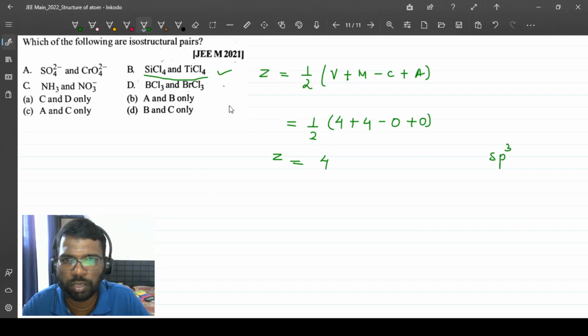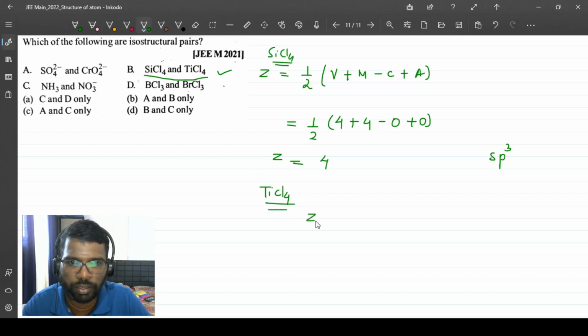Then next comes titanium chloride. If I want to check for titanium chloride, this was for silicon chloride and this is titanium chloride. Like scandium, titanium is the 22nd element.